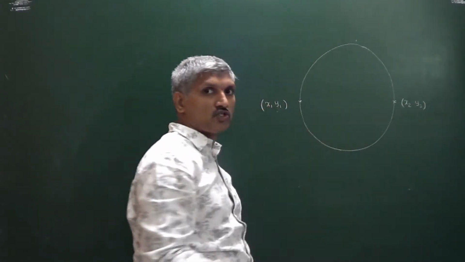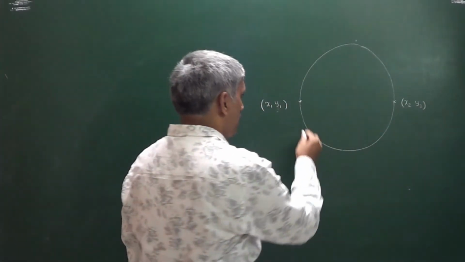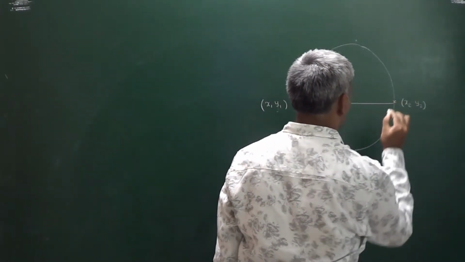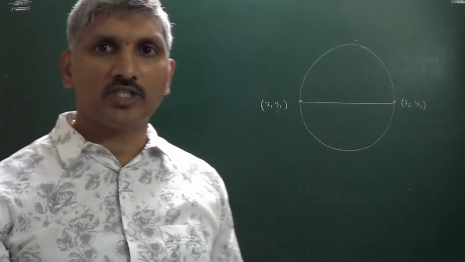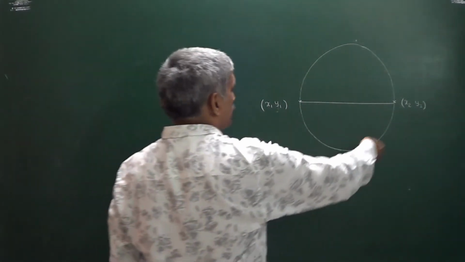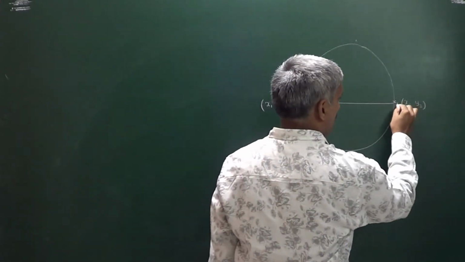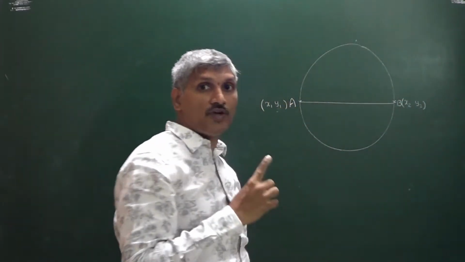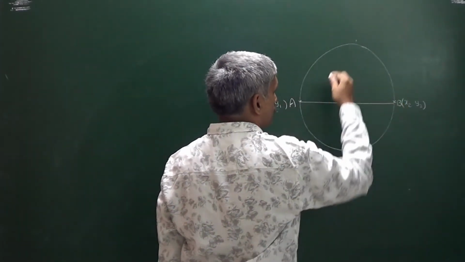If x1 y1 and x2 y2 are the end points of the diameter, then we have to find the equation of the circle. Let us say this point is A and this is B. We have to find the equation of this circle.